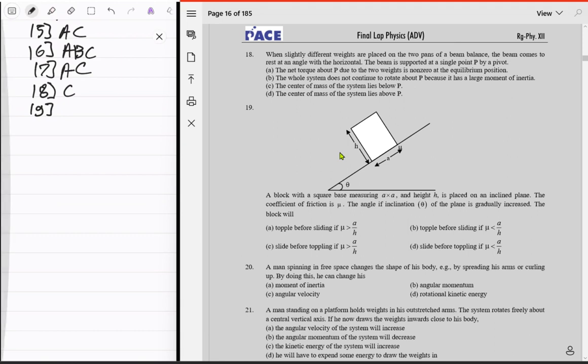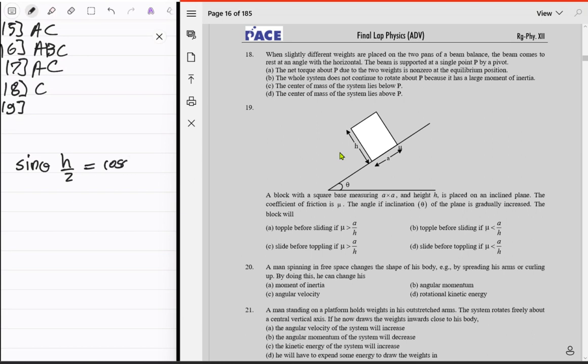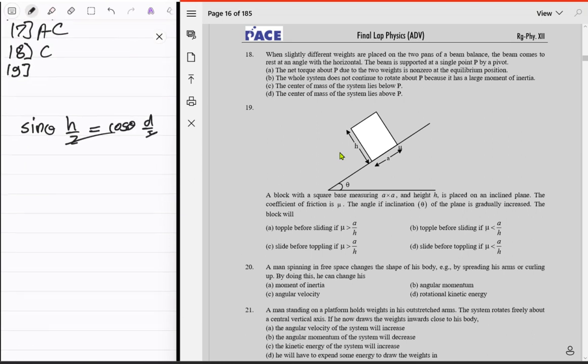So what is our thing: mg sine theta times h upon 2 in this direction has to be equal to mg cosine theta times a upon 2. So basically tan theta is equal to a upon h, right?